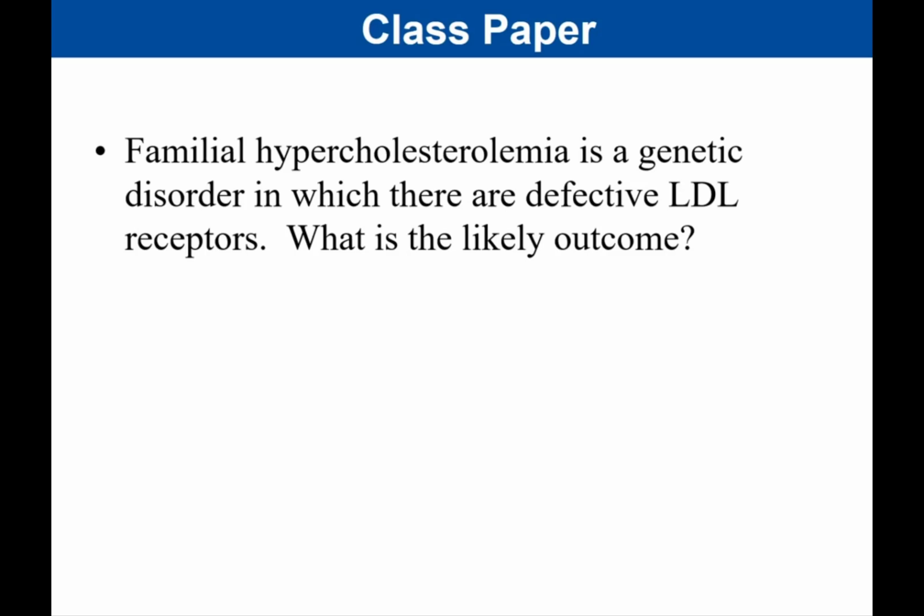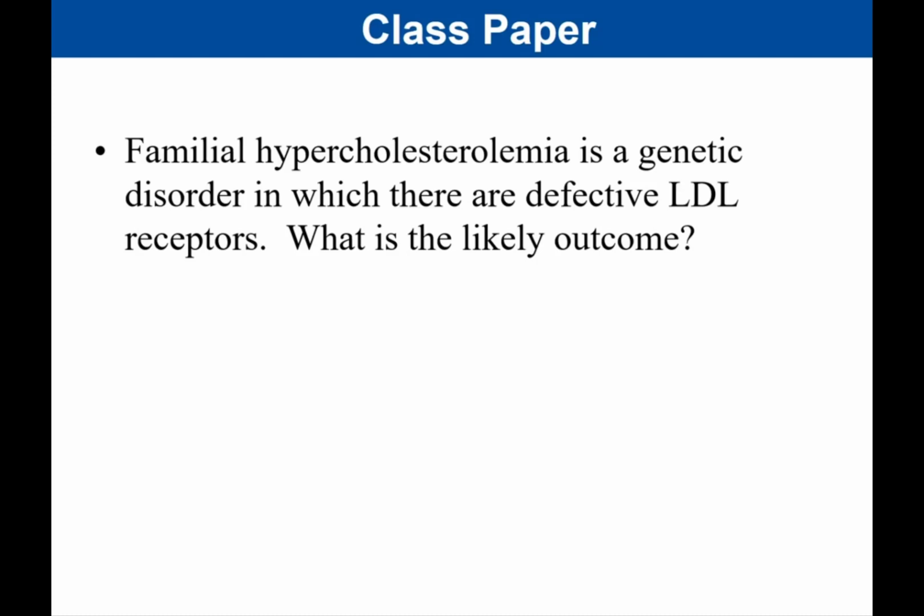Okay, so if somebody is born with defective LDL receptors, what that means is that if their receptors don't work properly, they're not going to be able to take in LDL. And remember, LDL are the cholesterol carrying molecules. And if they can't take in LDL, what that means is that that LDL, and therefore that cholesterol, is still present in the bloodstream.